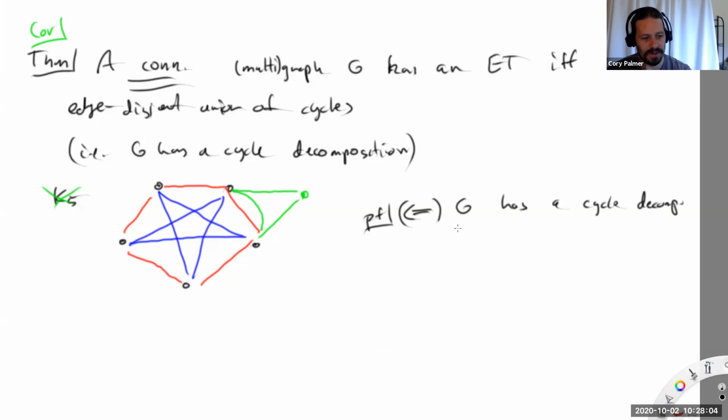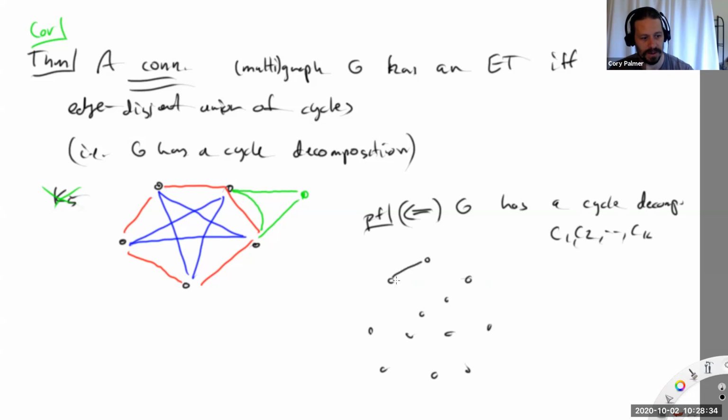So if it has a cycle decomposition, why are all the degrees even? Well, I like to see it in this procedural way. Let's place down all the vertices of the graph with no edges yet. The cycle decomposition just corresponds to drawing down, one by one, the cycles that are in the decomposition. So just build up G by adding down the cycles. Say it's got a cycle decomposition C1, C2, up to CK. These disjoint cycles together make up all the edges of the graph.